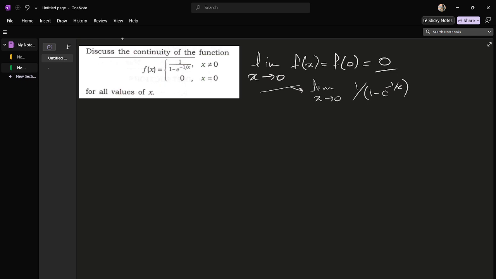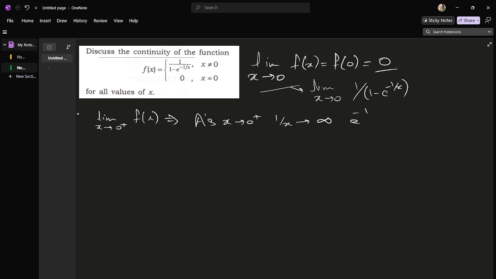Firstly we are analyzing it from our right side, which is limit x tends to 0 plus f(x). Then we can easily see that as x tends to 0 plus, our 1 by x will go to infinity.